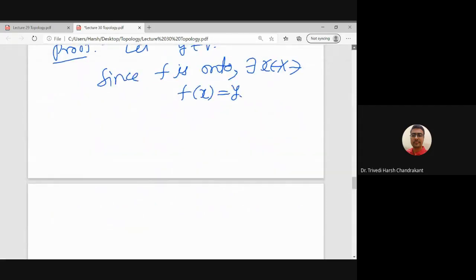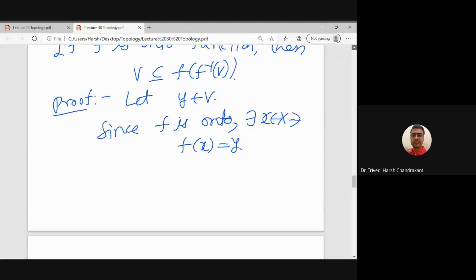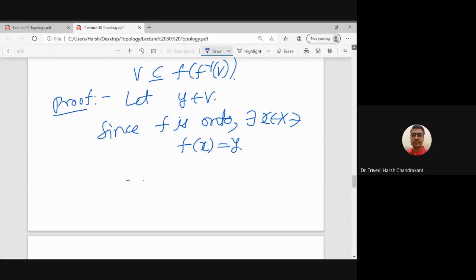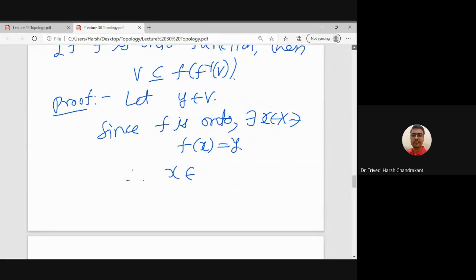And if f of x equal to y, that means what? That means x is in f inverse V. By the definition of f inverse V, what are the elements in f inverse V? x such that f of x is in V. So here f of x is y, which is in V. So therefore x is in f inverse V. So that is, f of x is in f of f inverse V. And then what is f of x? f of x is y.